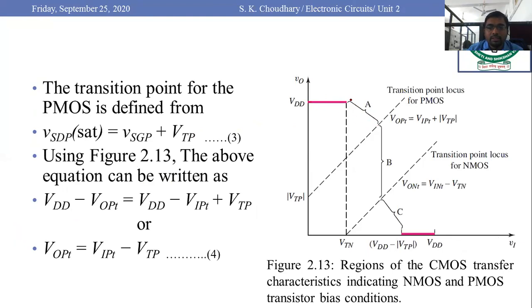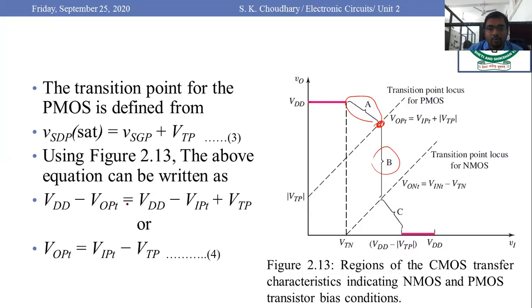PMOS is already in non-saturation and NMOS is in saturation here, and it shifts to region B, where both transistors are in saturation. In region A, NMOS starts to saturate and PMOS is in non-saturation. So this is the transition point between A and B.